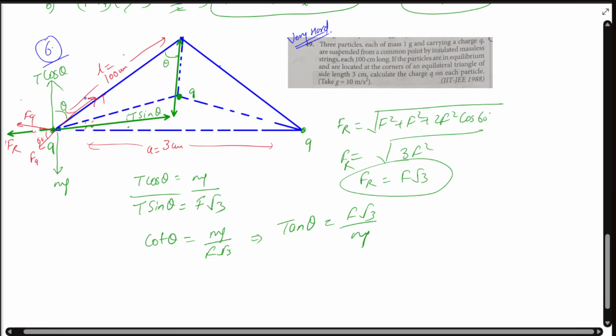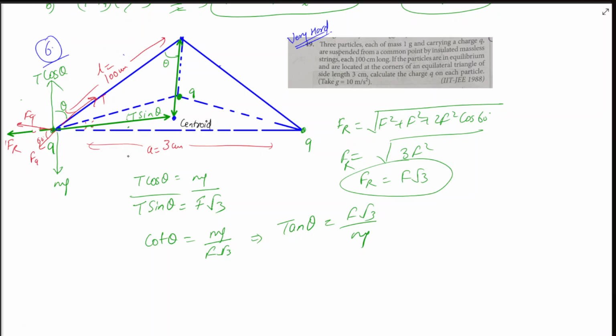Now the tough part here is how to find this theta. Remember, this point is our centroid. Always remember, the distance from a vertex to the centroid always comes out to be a divided by root 3, since the centroid divides it 2/3 to 1/3.